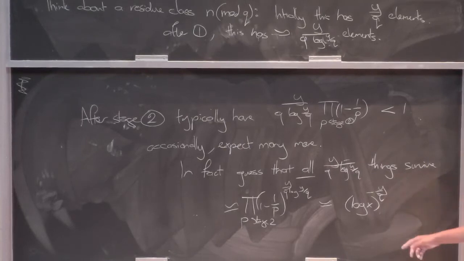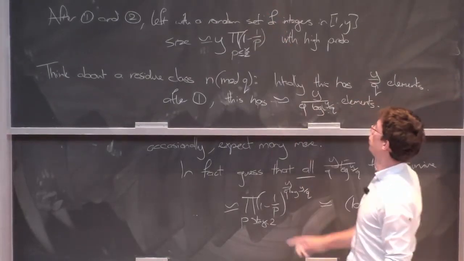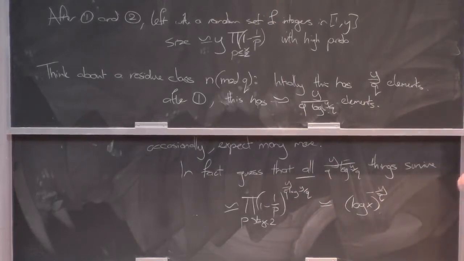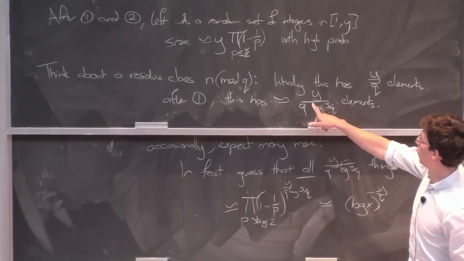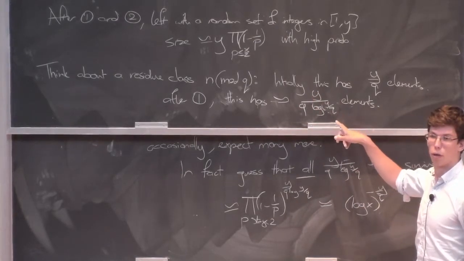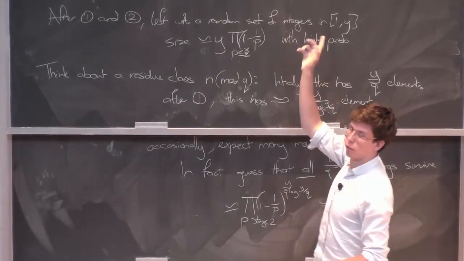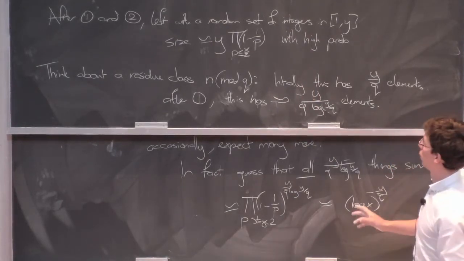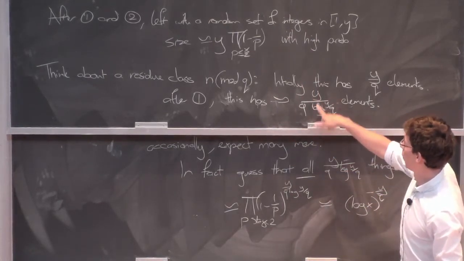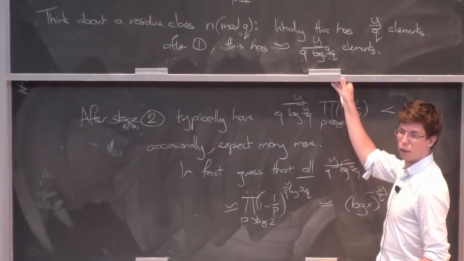And this way, we expect for each of these large primes P in this region that rather than just removing one element, we're instead removing all of these y over q log y over q elements. And so we're being much more efficient for these primes in stage 3. And if somehow all of this sieving was done totally independently of one another, you'd expect, rather than us just removing one, we'd be removing about this many each time, and we'd be much more efficient, and hopefully would improve large gaps between primes.